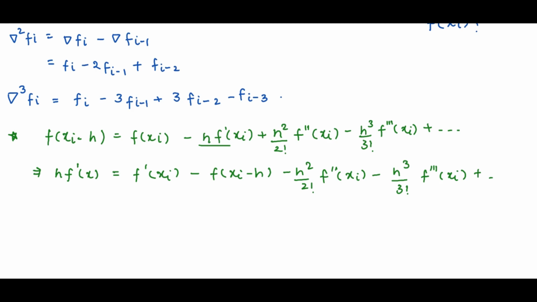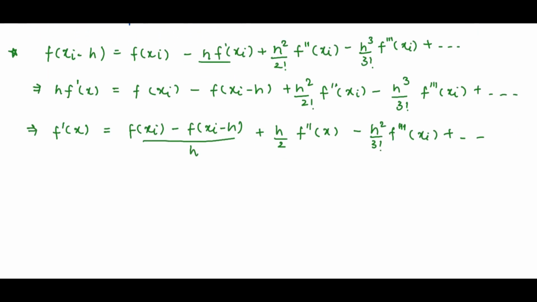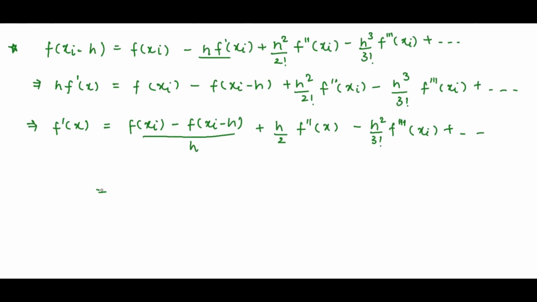Now dividing by h, we get f dash xi as f of xi minus f of xi minus h, divided by h, plus h by 2 f double dash xi minus h square by 6 f triple dash xi and so on. Now ignoring the higher order terms, we obtain f dash xi as approximately equal to f of xi minus f of xi minus h, divided by h. And this is the first order backward difference formula.